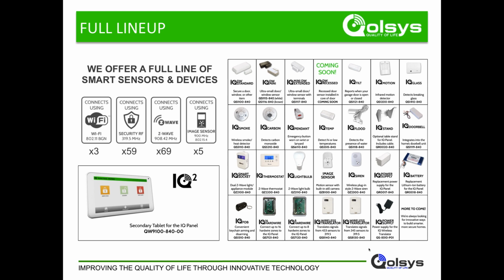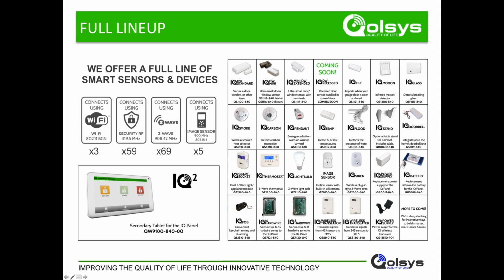Now we do make a full lineup of sensors as well that goes with that. So again, door windows, small and large. We have a recess sensor that's coming out here in the next month or 2. And the whole rest of the gamut, from smoke and carbon and flood and temp and Z-wave sirens and translator devices.